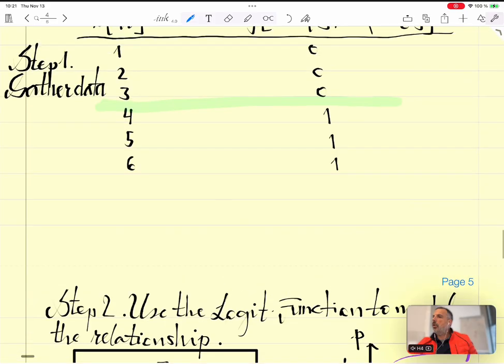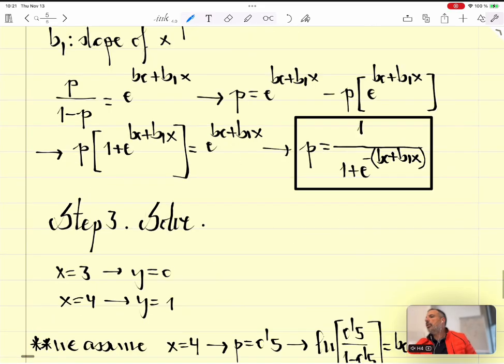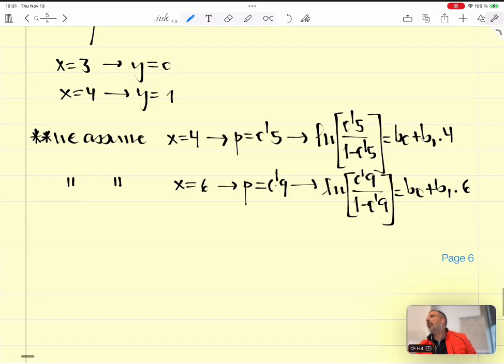No, you don't have data for 3.5. You can take 3, but you cannot take 3.5, because you don't have data for 3.5. Okay? If you take x equals 3, p must be under 0.5. It could be 0.4. Okay? So you can make different assumptions.